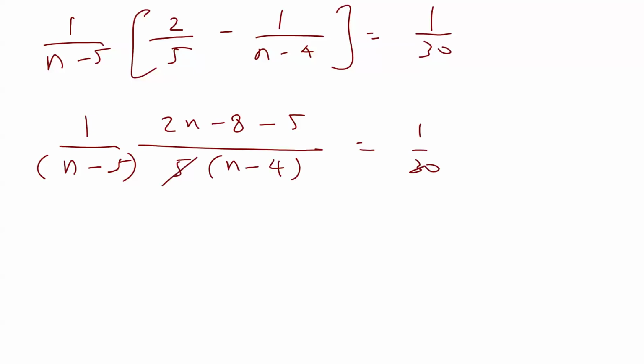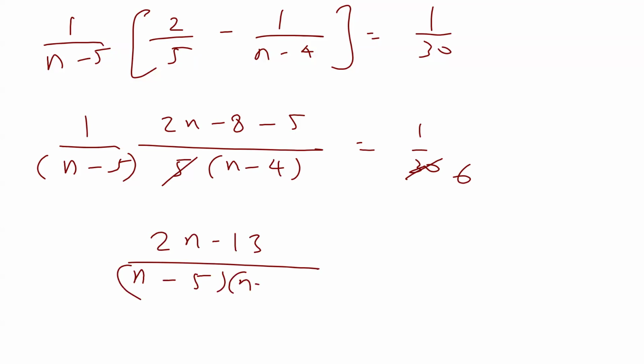So (2n minus 13) upon (n minus 5)(n minus 4) is equal to 1 by 30. You cross multiply, you solve, you'll get a quadratic. The next part of the problem you can do for self study, but this is the method.